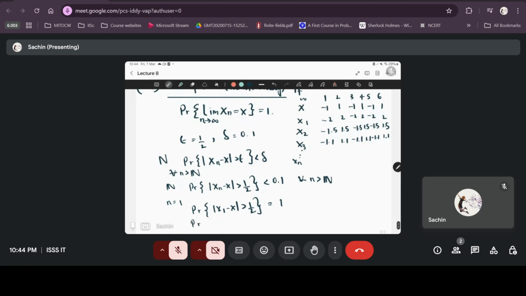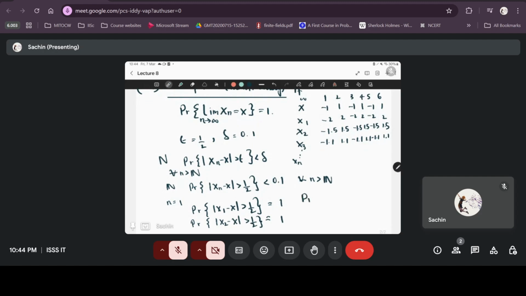Then probability that X2 minus X is greater than half: X2 minus X is 0.5 for all outcomes, so it's greater than half for all outcomes, so its probability is 1.